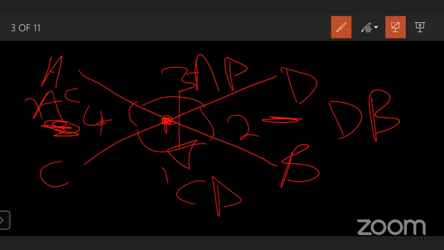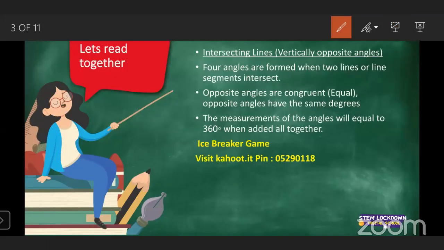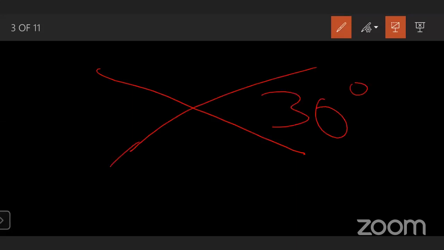And angle AD, which is angle 3, is vertically opposite to this one, which is CB, angle 1. Okay, so let's go back to our definition. Definition number 2 says opposite angles are congruent. When they say opposite angles are congruent, they mean opposite angles are the same. They are equal. Let's say this one is 30 degrees.